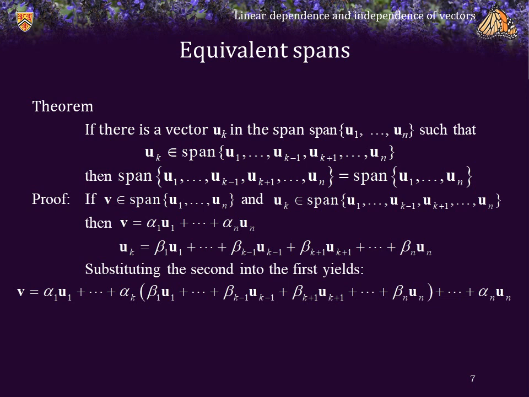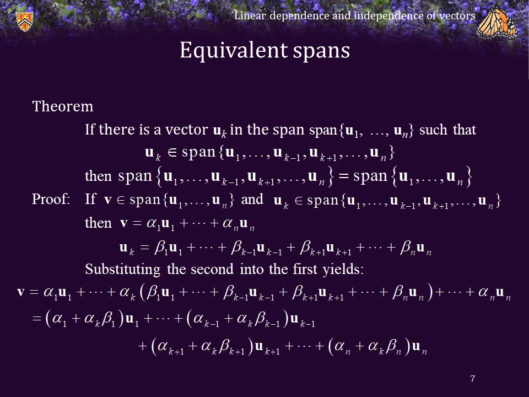All right. Well, notice now that we can multiply that inner sum of products by alpha k, and then using the properties of vector scalar multiplication and vector addition, we can regroup this to see that v must therefore also be dependent on all vectors other than u sub k.